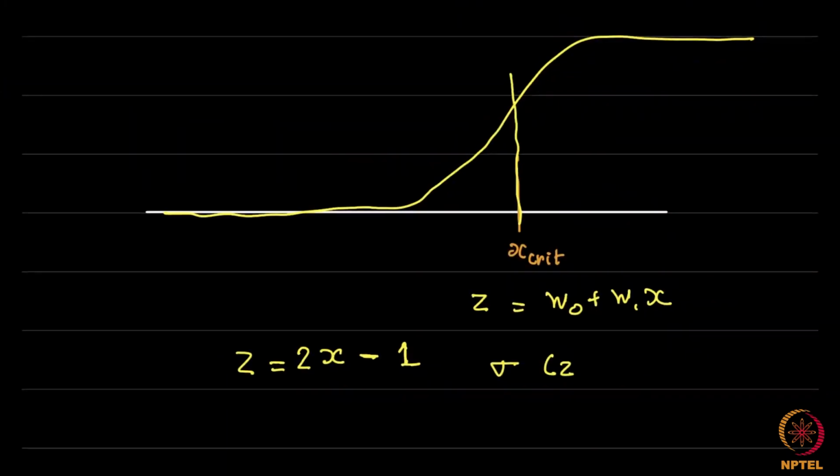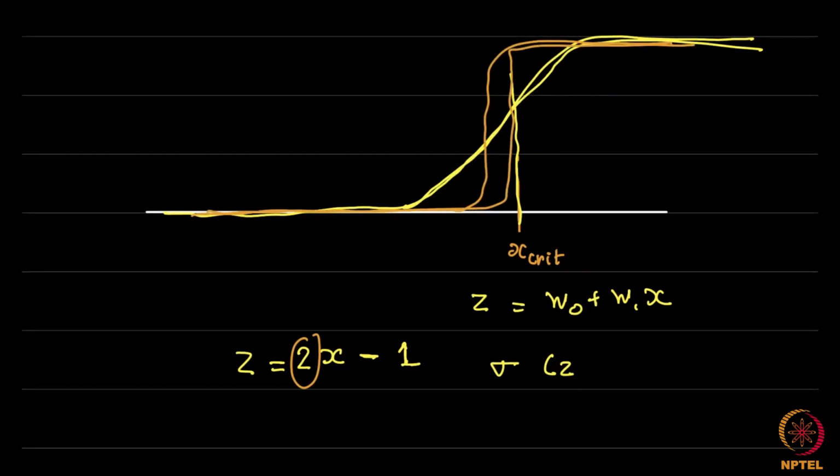When we keep a sigmoid, it is very smooth and it transitions slowly from failure to success. As you increase W1, you are looking at sharper and sharper transitions. So this controls the slope of change, and this controls usually the location of transition.